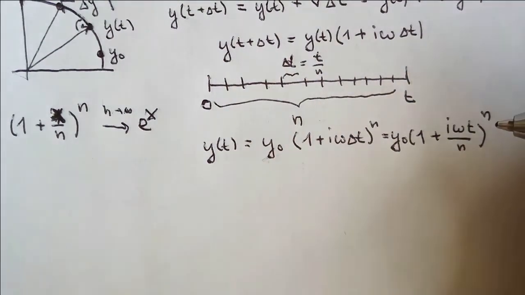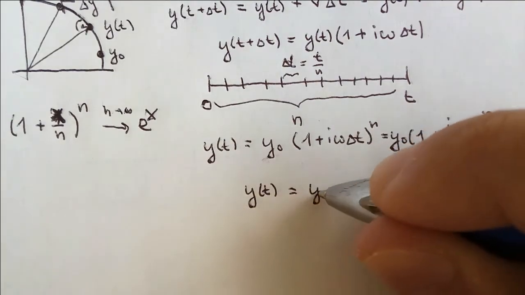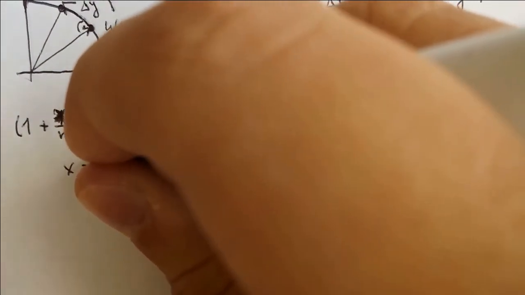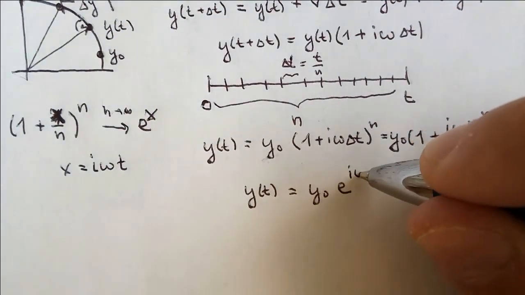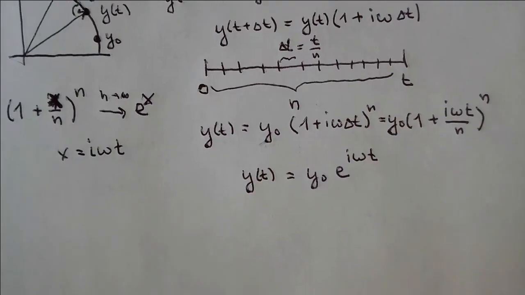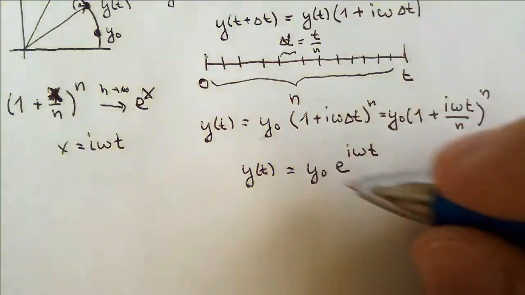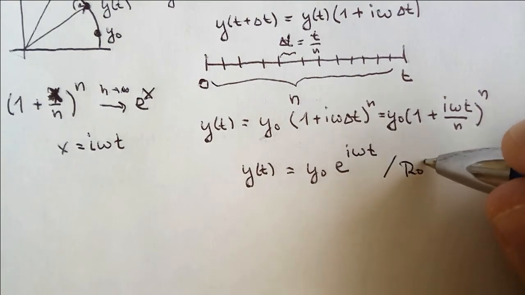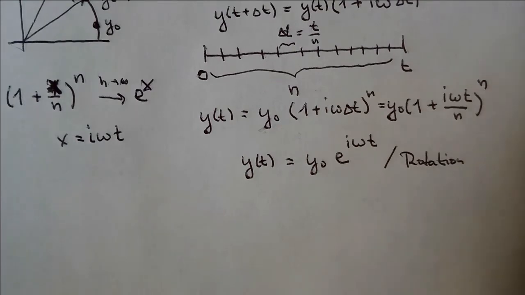So this should be thought of as an exponential, where x is equal to i times omega times t. This can be viewed as rotation of some point in complex numbers.